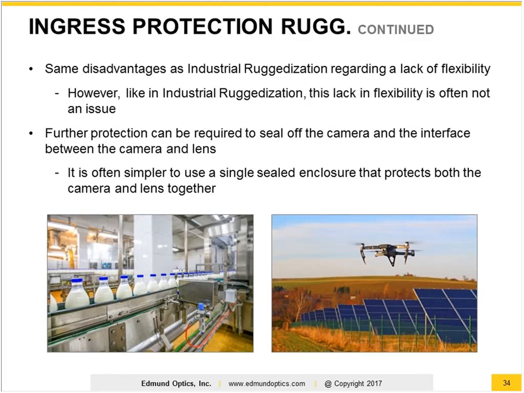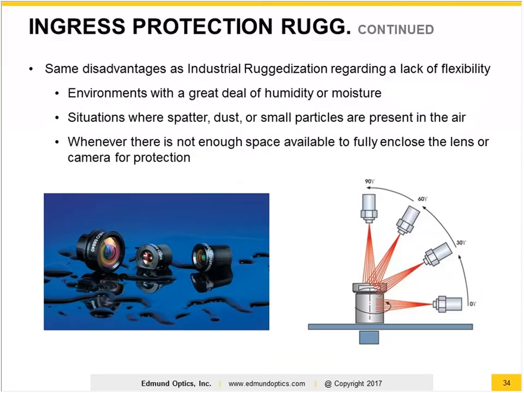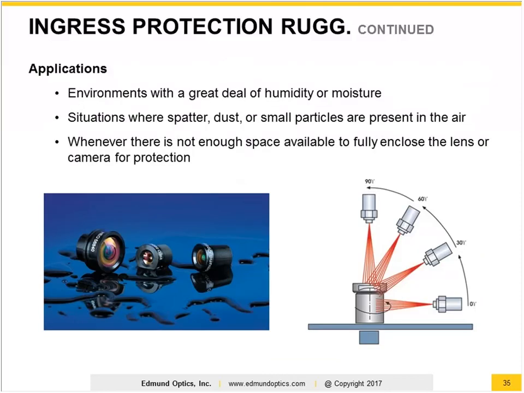Having lenses like this that can be ruggedized and not have to require an extra layer of protection can be highly beneficial. The other thing to keep in mind with this is getting around just things like that spray and that wash down, like we said before, can be really, really important. Dust and other things can come into play. But the biggest thing that you get out of these is that space-saving requirement.